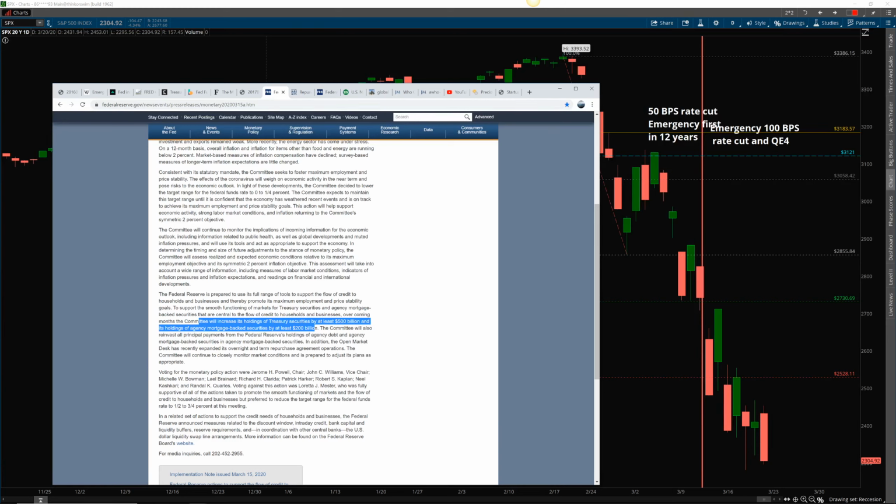They are going to purchase $500 billion of Treasury securities and $200 billion of mortgage-backed securities. So the Fed is once again, just like they did back in 2008, stepping in and buying up the liquidity out of the market to prevent it from continuing lower.